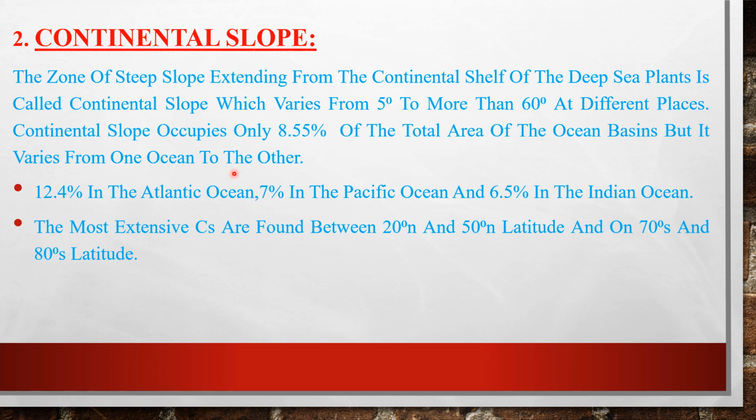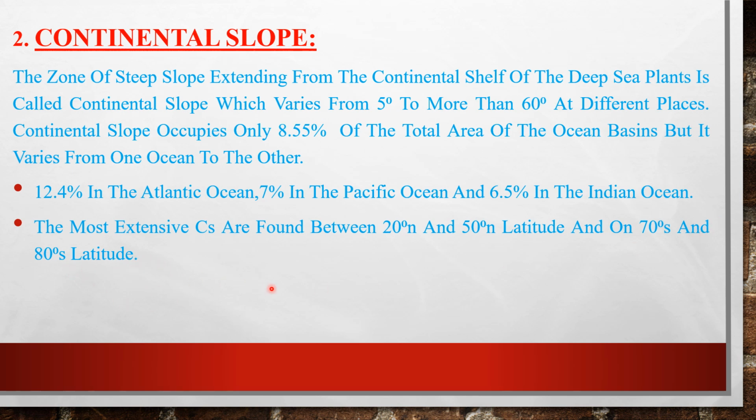We know the continental slope's angle is more than the continental shelf's. It varies from 5 degree to 60 degree at different places. Then the distribution in every ocean: 12.4% in the Atlantic Ocean, 7% in the Pacific Ocean, and 6.5% in the Indian Ocean.